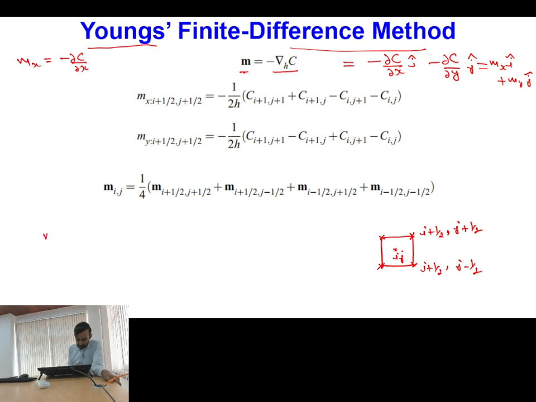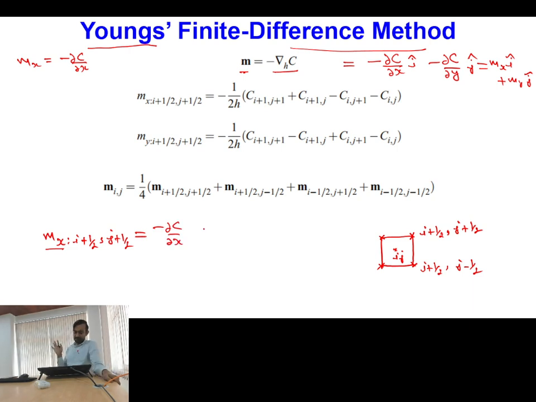Now I need to calculate, say, mx at the corner i plus 1 by 2, j plus 1 by 2. At this corner I want to calculate the value of mx. mx means minus del c by del x.